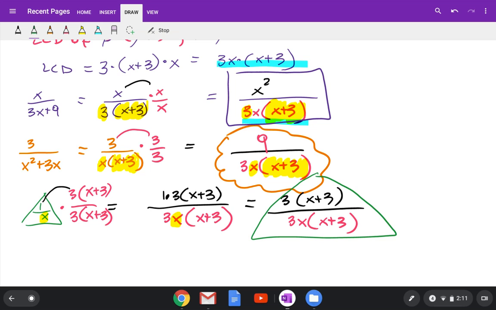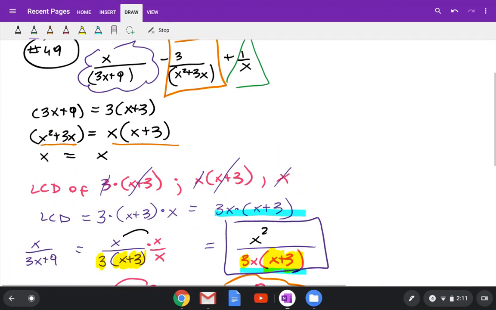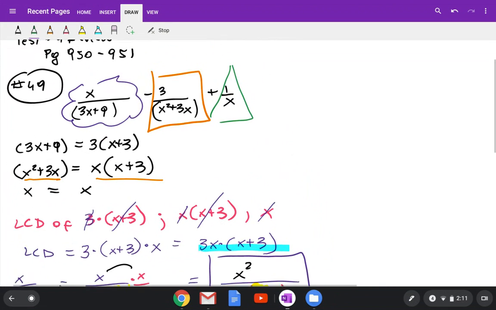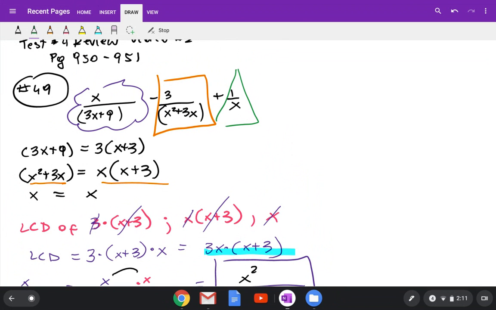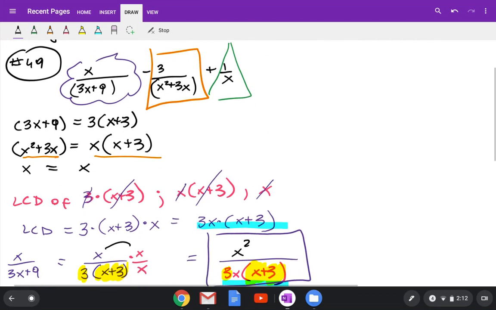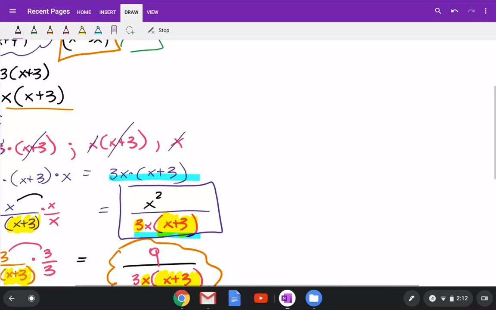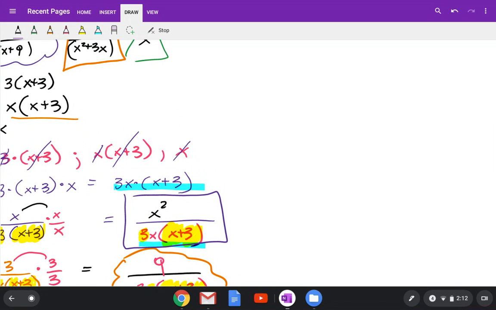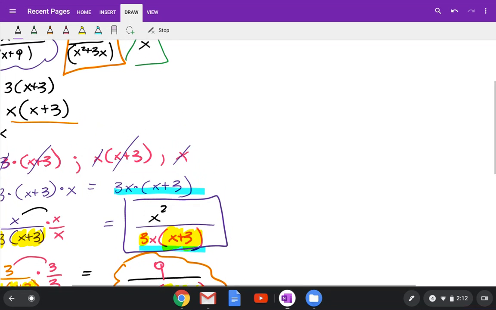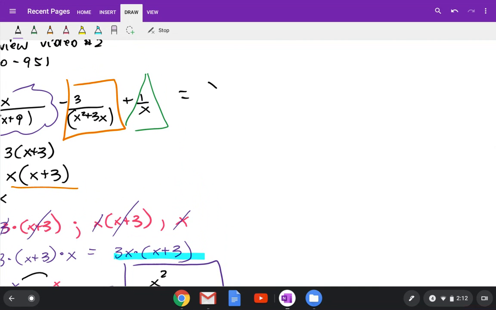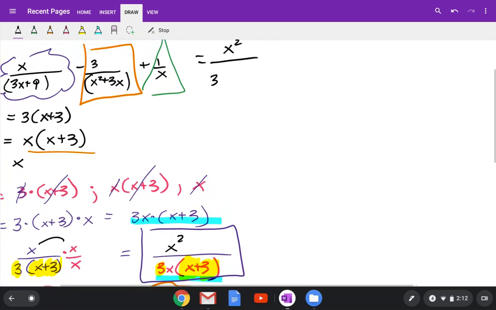So now I will go back to the original problem and we're rewriting each fraction using the equivalent fraction. So x over 3x plus 9 is equivalent to x squared over 3x times x plus 3.